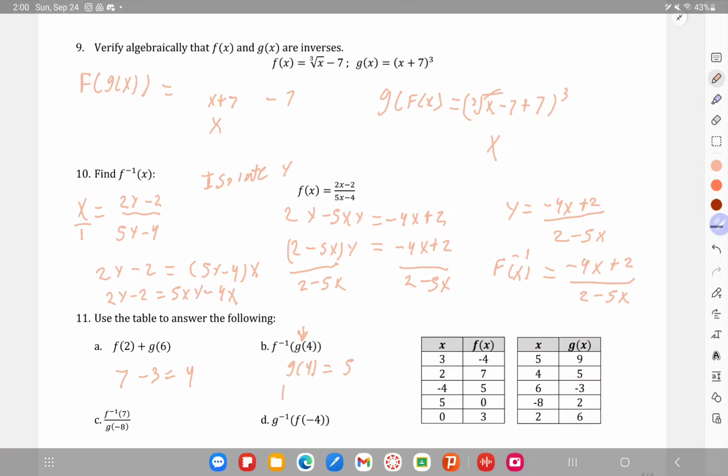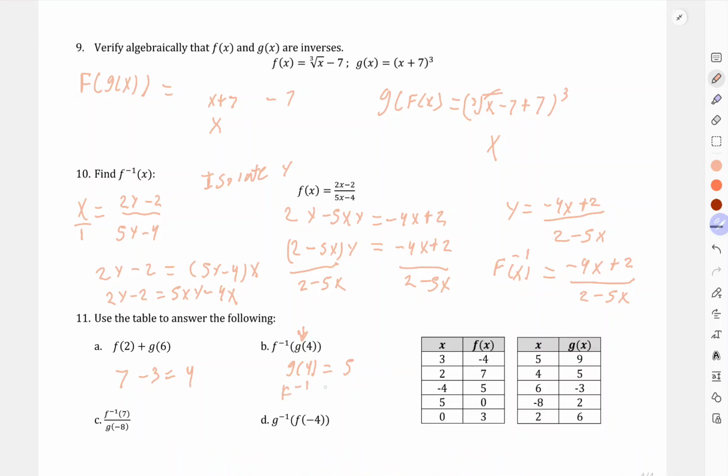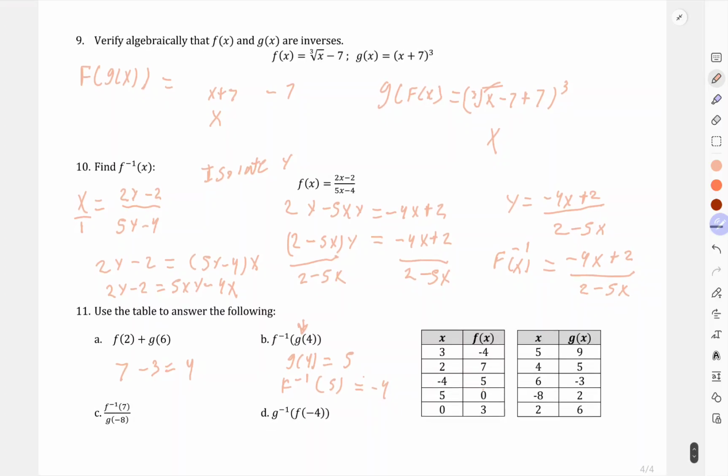Now, what is the inverse of that? Basically what that is, you look down, okay, 5, f of negative 1. 5 is negative 4. So it's just negative 4 because this is the inverse of f of negative 1. So that's just the inverse.